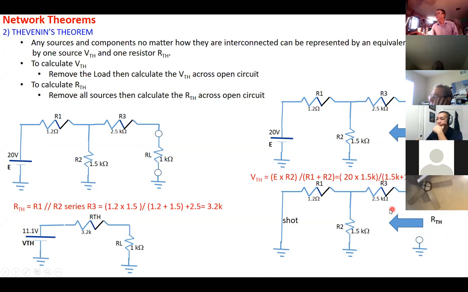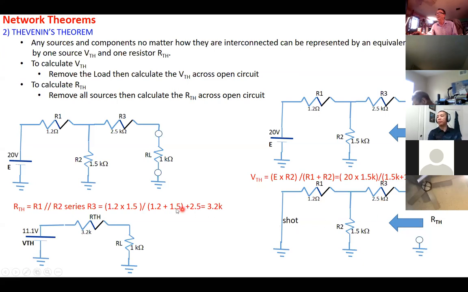Now, to calculate the R Thevenin, you open here and assume current going in from the open. Try to find which resistors are in series and parallel, then combine them. You can see R1 and R2 in parallel, and in series with R3.